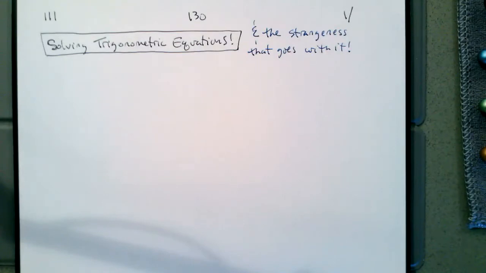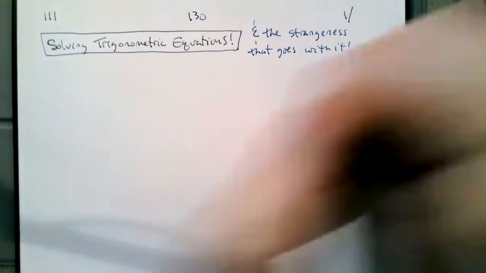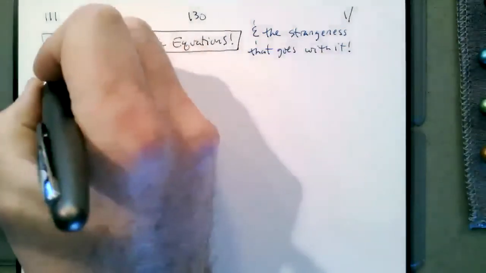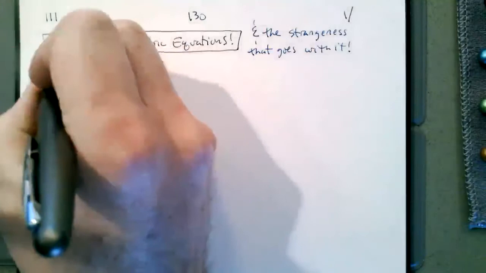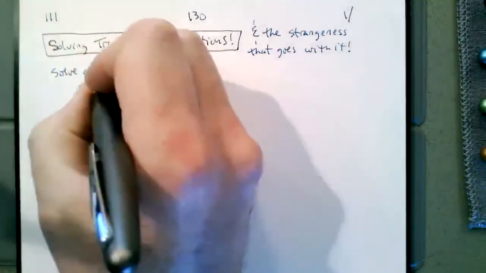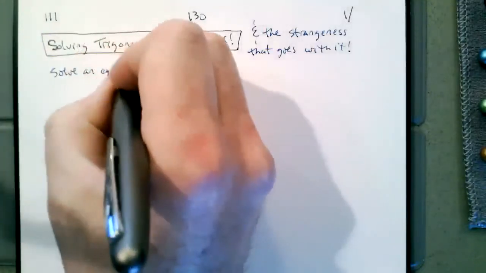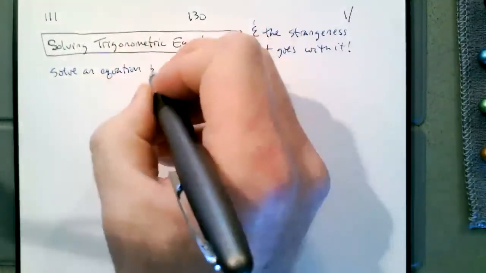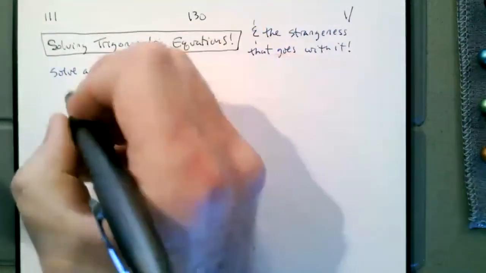My big idea for solving equations in general is to solve an equation by performing inverse operations in reverse order. That's the big thing that I want to get across.